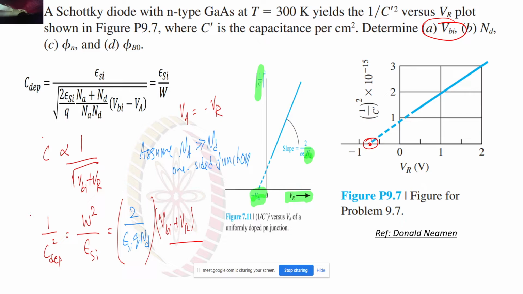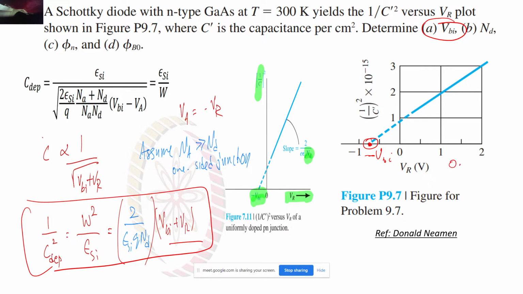If you look at this equation and equate the left hand side to 0, then I will get VR equal to minus VBI, correct? And here you are going to get some negative value of VR. So this intercept that you are seeing over here is nothing but the value of minus VBI. If you look closely, this value is 0.9, so VBI is 0.9 volts, right?